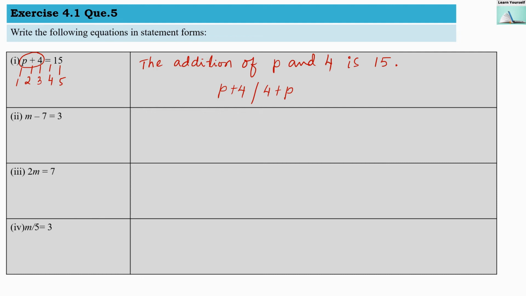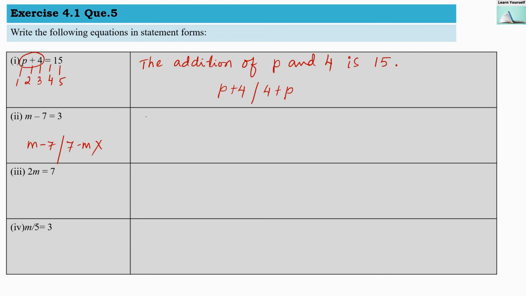Here we have to be very specific about which number is being subtracted from which number. If we write the subtraction of m minus 7, we do not know whether we have to do m minus 7 or 7 minus m. So this is wrong. In subtraction we have to be very specific that we have to subtract 7 from m. So that we have to write into the statement.